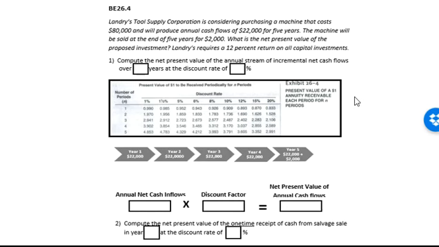So now the first thing we need to do is compute the net present value of the annual stream, in other words, the cash flow every year for 5 years. So the annual stream of incremental net cash flows over 5 years at a discount rate of 12%.